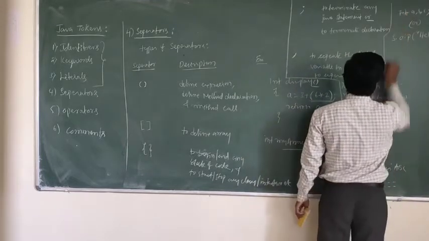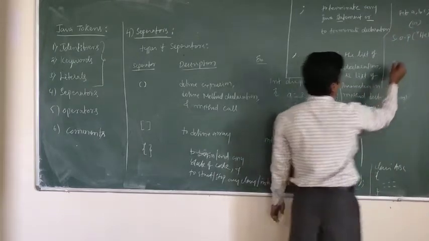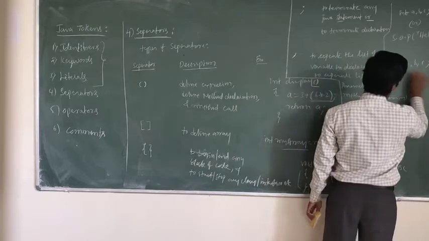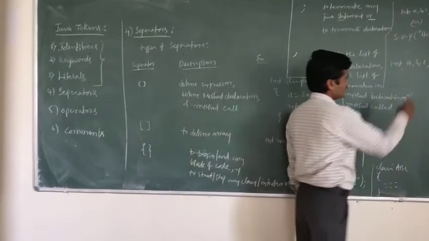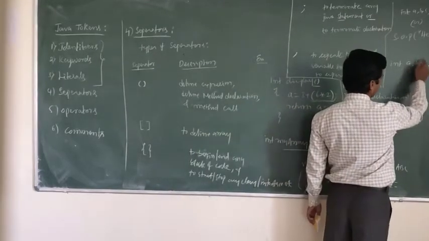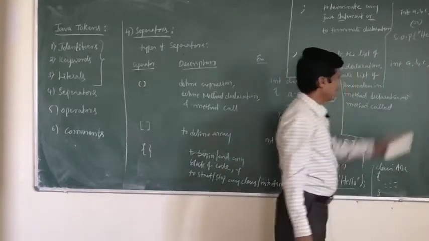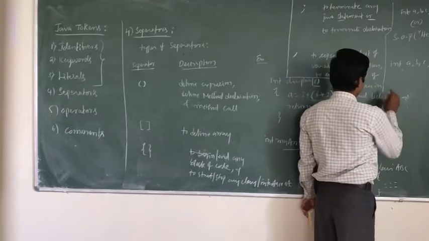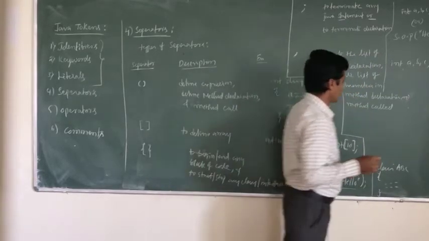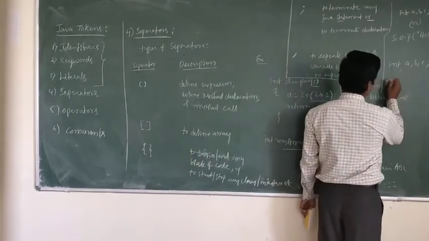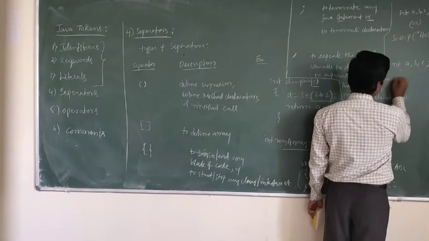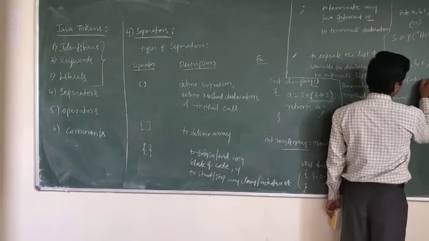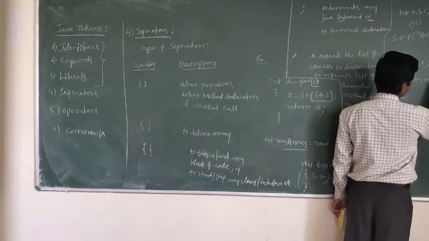For example, the previous example, integer a comma b comma c. Here these are the list of variables, separated with the comma. All three variables belong to the same data type, integer. You can also use it in a method declaration or a method call. For example, integer sum, int a comma int b.